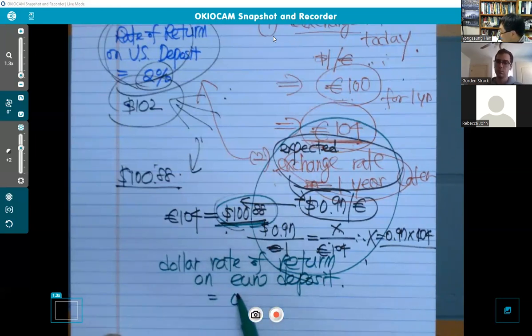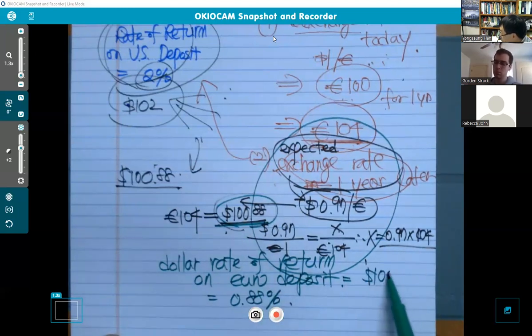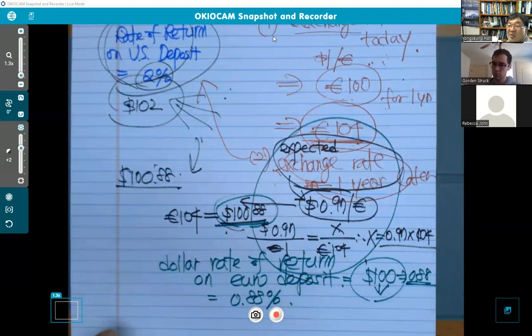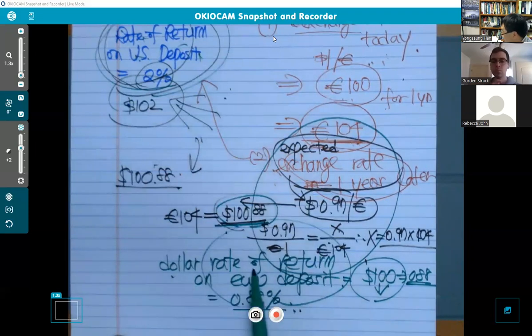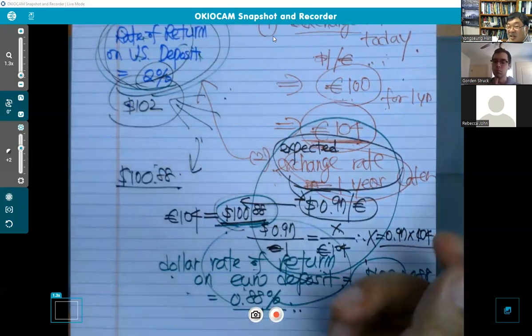Only 0.88%. That means we invest with $100, but with this investment, we make how much? 88 cents. So the dollar rate of return on Euro deposit is 0.88%. By comparing this rate of return on US deposit and the dollar rate of return on Euro deposit, we decide.